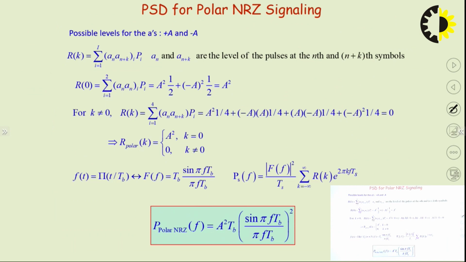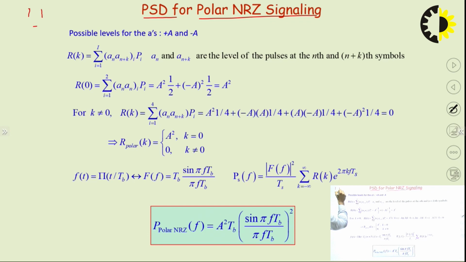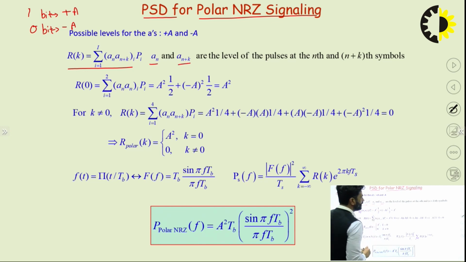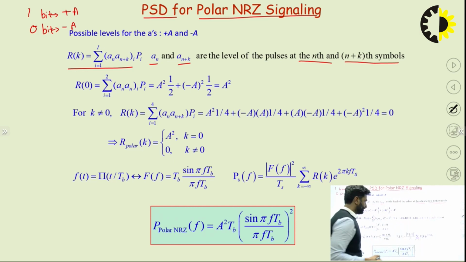Now, we are calculating the PSD for polar NRZ signaling. For polar, bit 1 is represented as plus A, and bit 0 is represented as minus A. We are calculating the autocorrelation function for the same. a_n and a_(n+k) are the levels of the pulse at the nth and (n+k)th symbol.